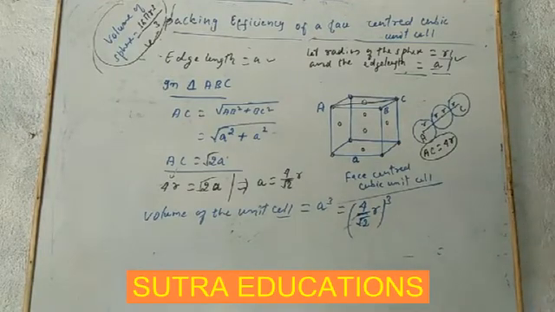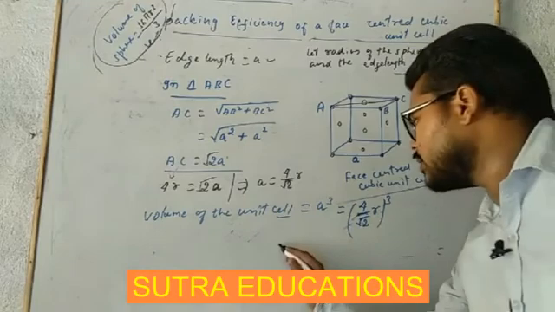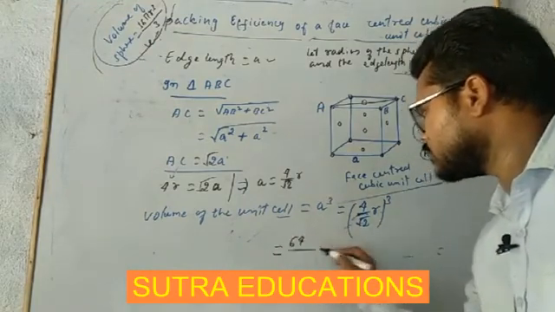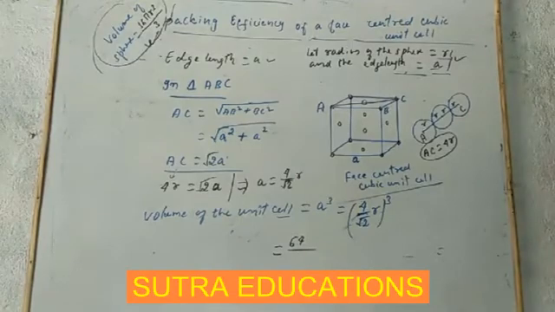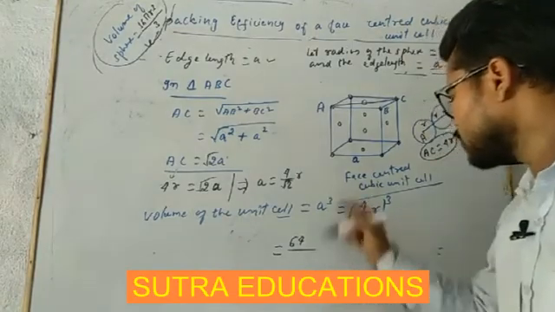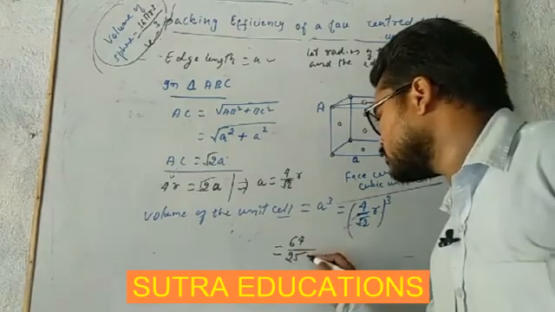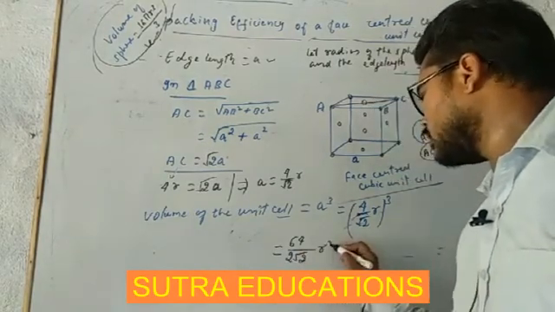So volume of unit cell will be equal to 64 upon 2 root 2 R cube.